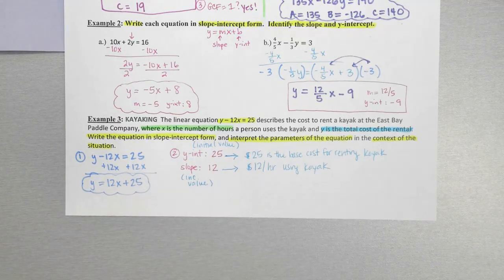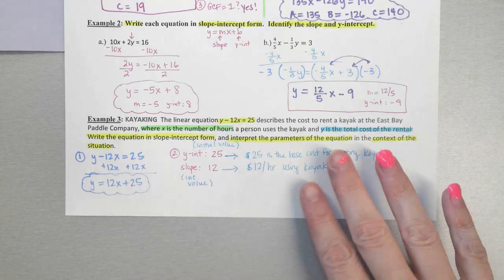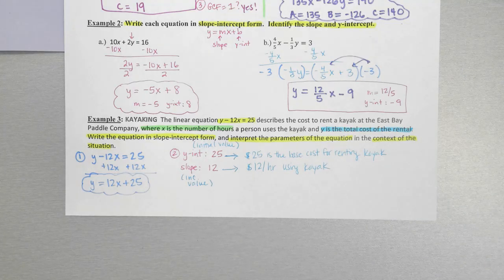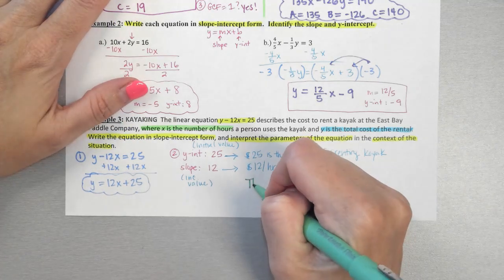Okay, so what we're going to do is we're just going to write that as an interpretation. We're going to write that in one sentence. So this is all about the cost.